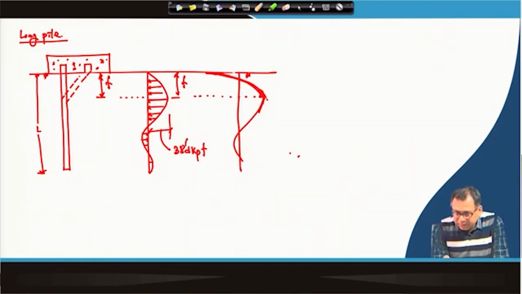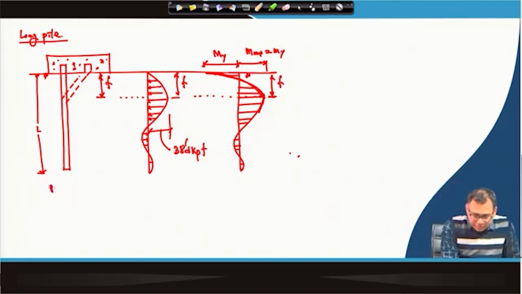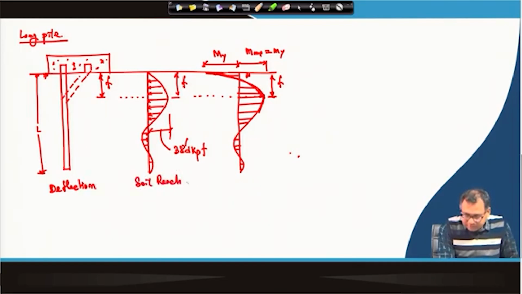Fine. So, this is the bending moment diagram. Okay. So, this will be M y, because it is a long pile, and this is also M max, which is equal to M y, and this is acting at a depth of f. So, this is the deflection, this is the soil reaction, and this is the bending moment.